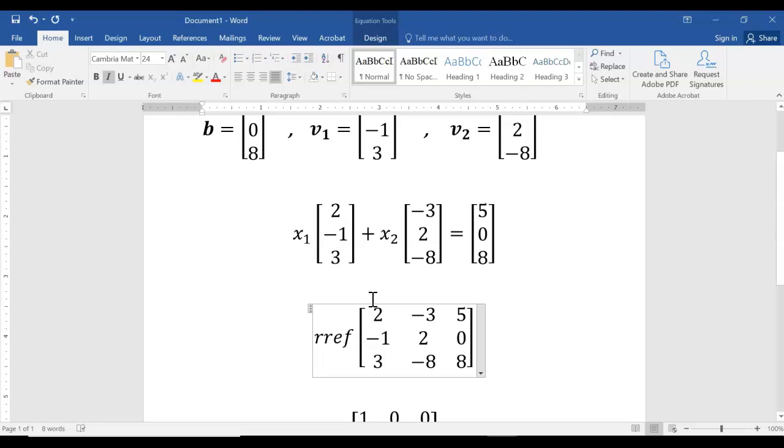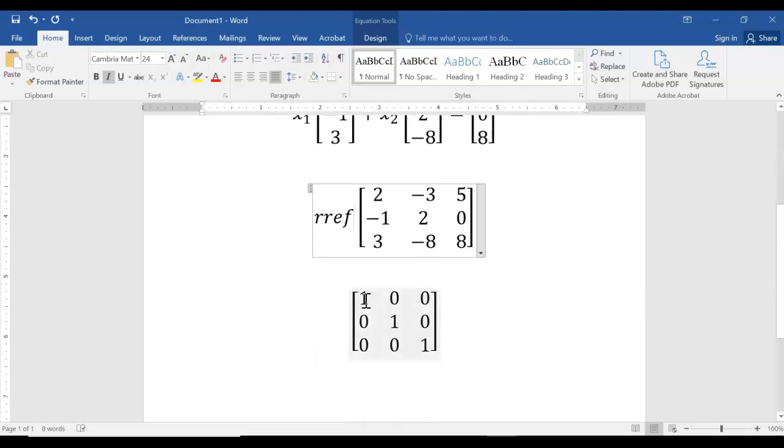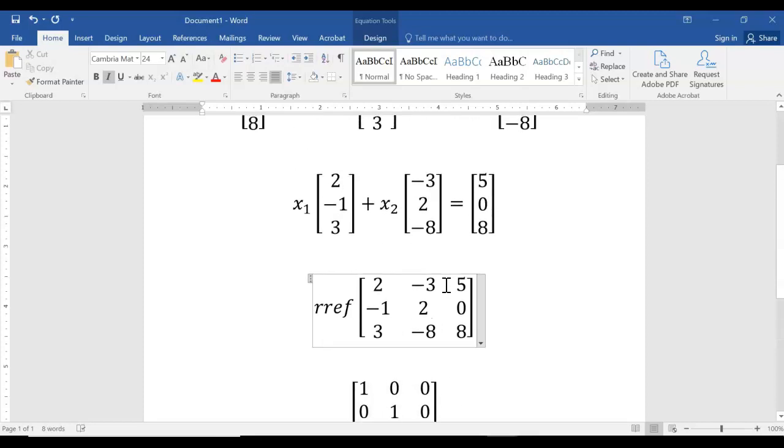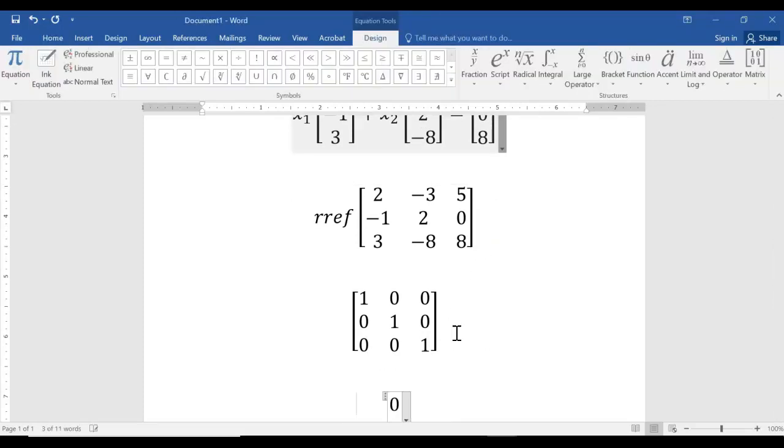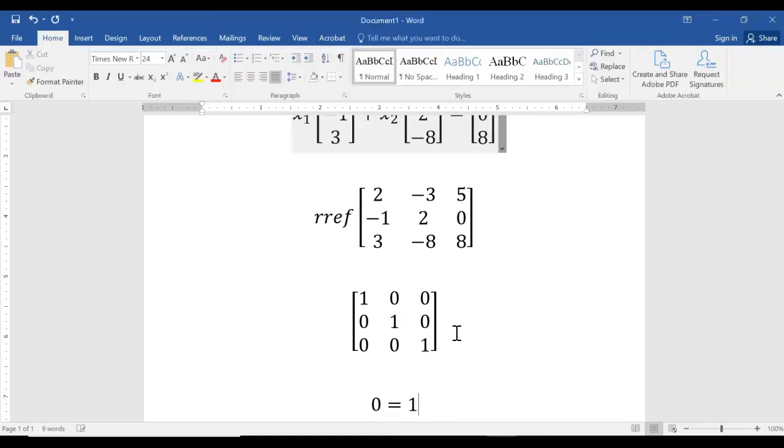When you do that, you end up with this. Now, be careful here. We have two variables only. This third line was our constants. So what that last line there is telling me is that 0 equals 1, which is a no solution case.